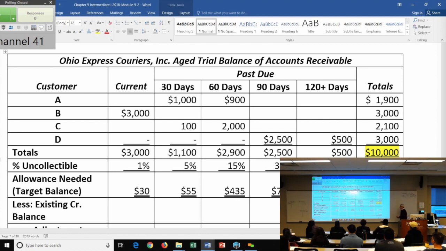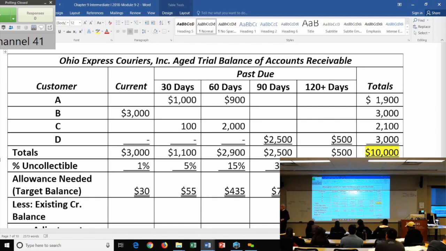So that means the allowance account expected to cover those losses would be $1,770. Now, when you have the balance sheet approach, that is not your adjustment. So the other way to look at this, you've got a target balance.